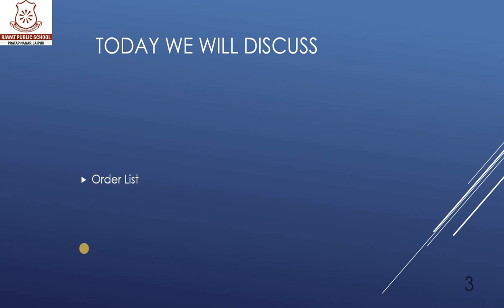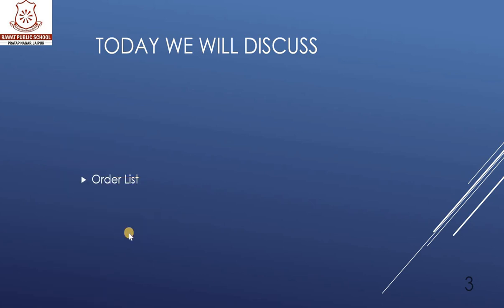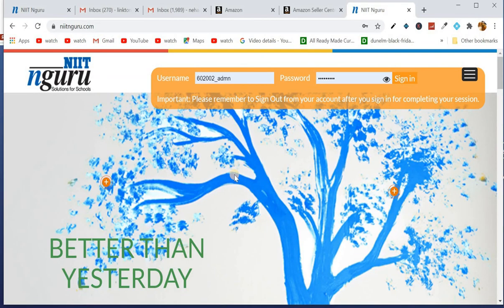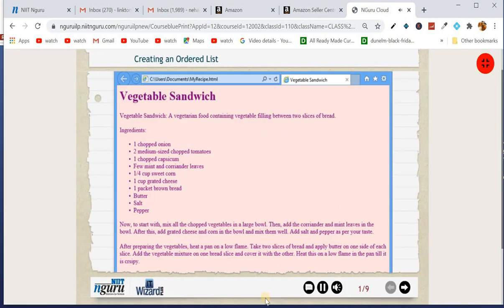So, for your better understanding, I'm going to show you a video. Watch this video for your understanding. Already created an unordered list of the ingredients for the vegetable sandwich. The steps for making the sandwich are still in a paragraph.